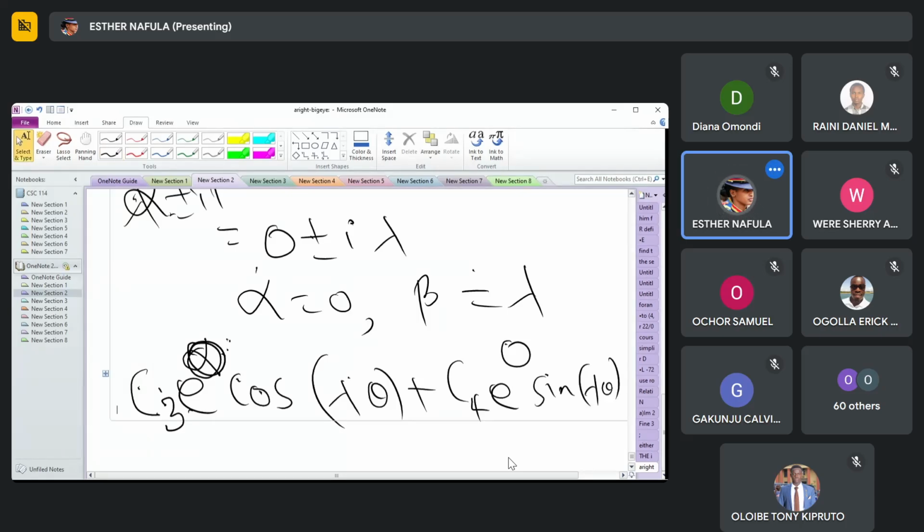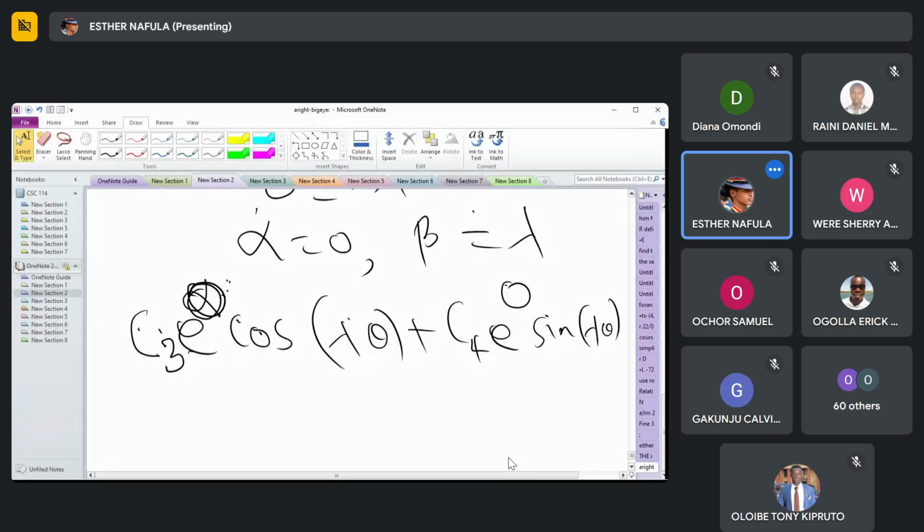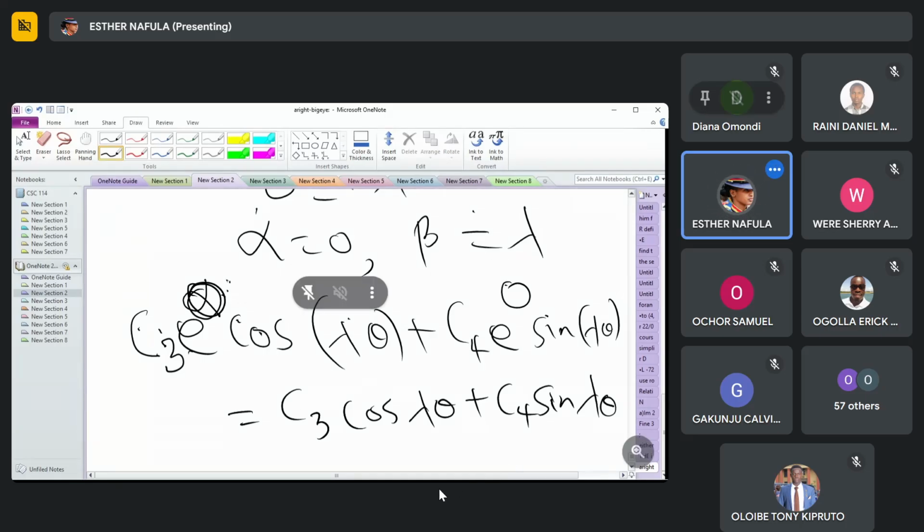But again, e raised to 0 is 1, so you just end up with C3 cos lambda theta plus C4 sine lambda theta. Hope that is clear now. Does it make any sense now? Yes.